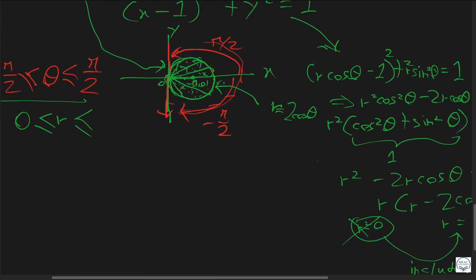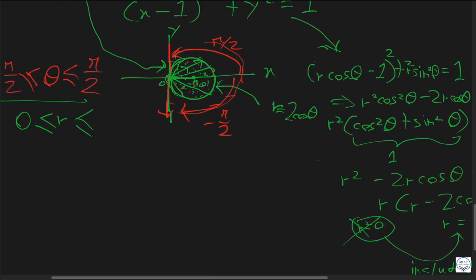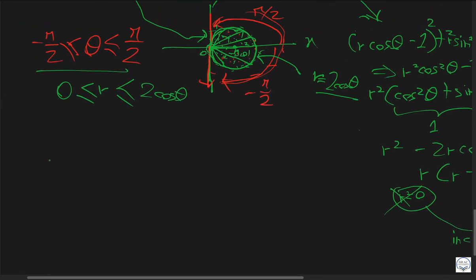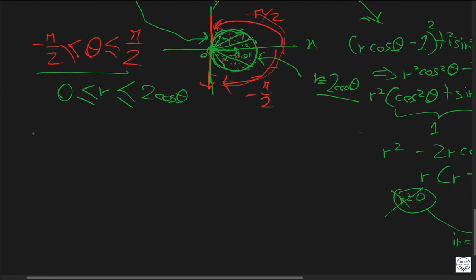So we know that our bound must now be this circle, since none of the points will leave the circle. Since this is our upper bound, we can now write down the limits of our integral. The question wanted the volume.